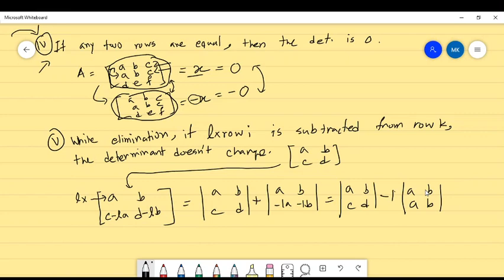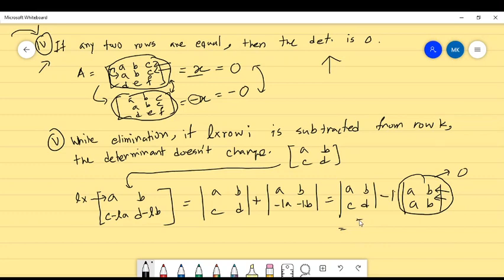But in the previous property we saw, in property 4, that if any two rows are equal, then the determinant is 0. So the determinant of this particular matrix would be 0 because the rows are equal, right?